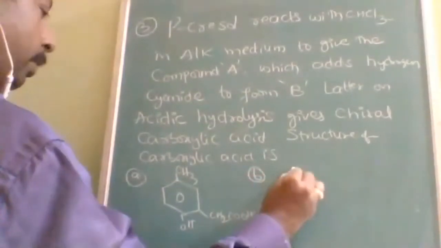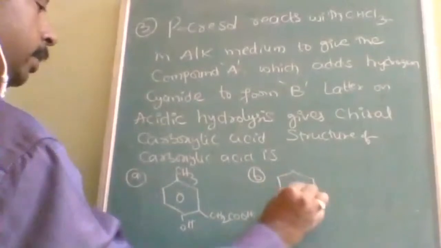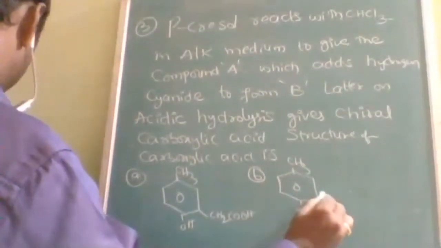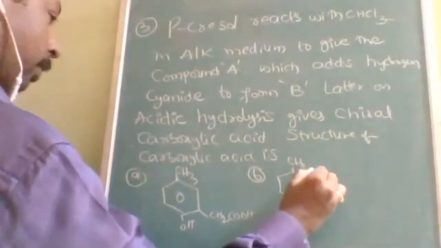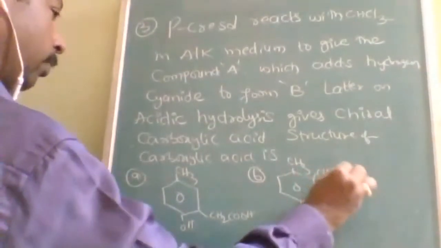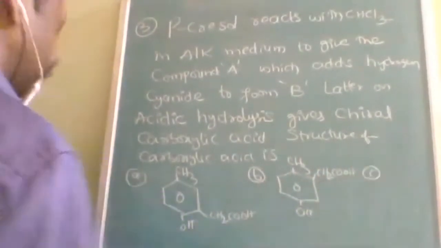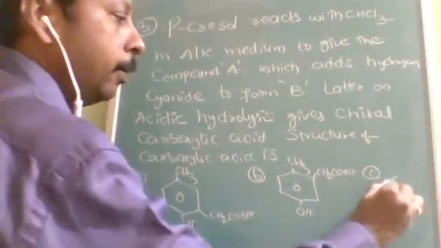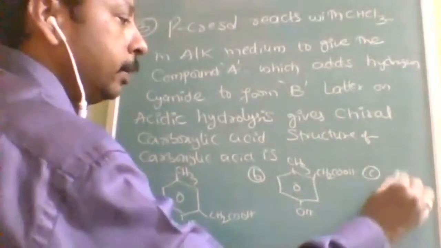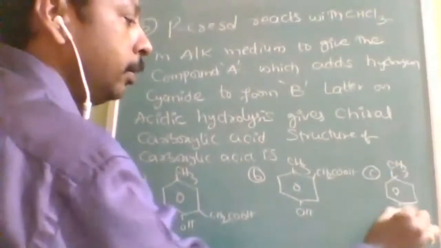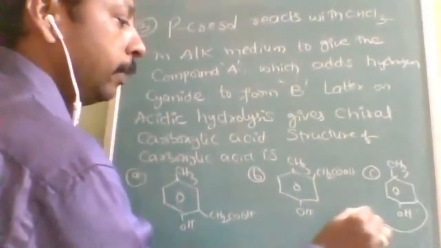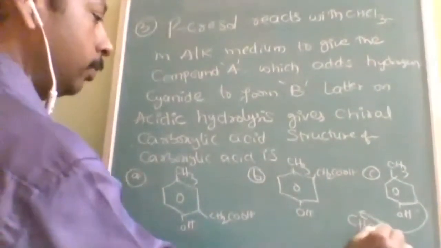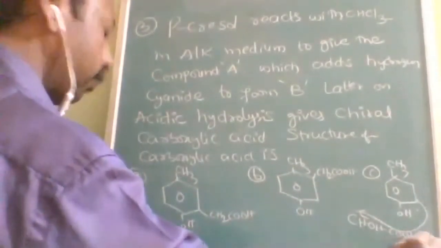Option B is the same benzene with CH3 and OH, but here it is CH2COOH at a different position. Option C is benzene with CH3 and OH, and CHOH COOH.